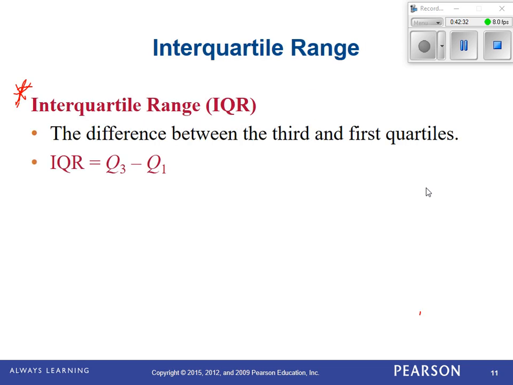Interquartile range, the IQR, is just that little formula there. You take quartile 3 minus quartile 1. That gives you that range.